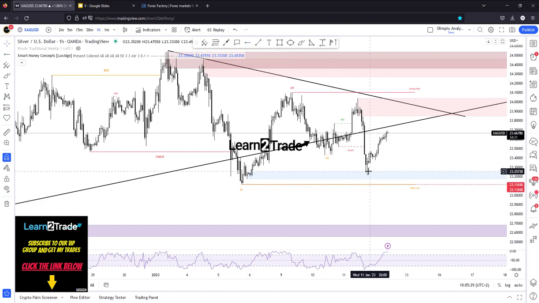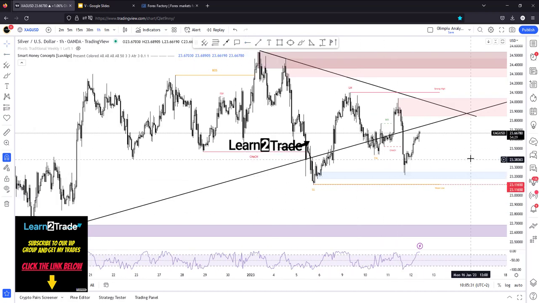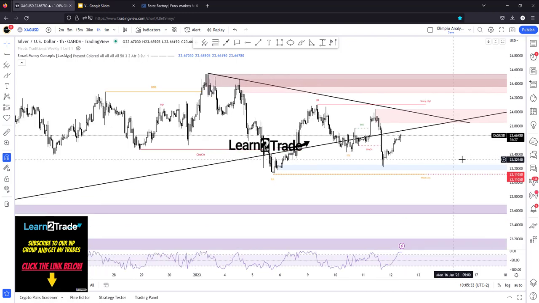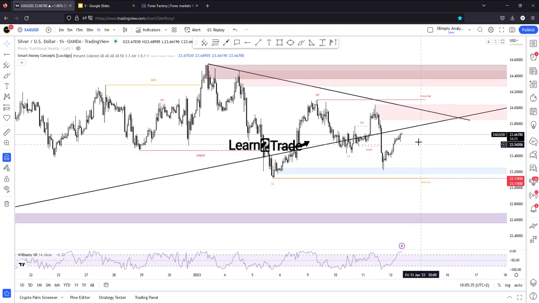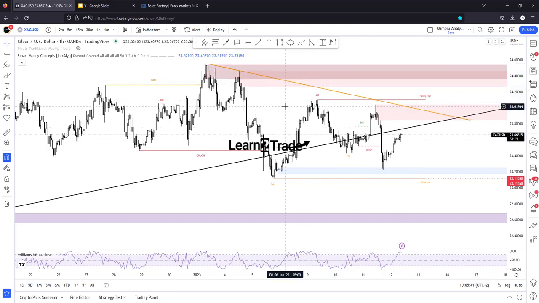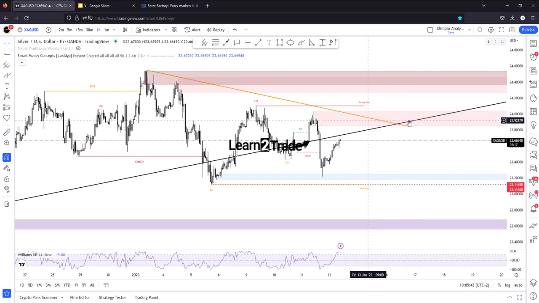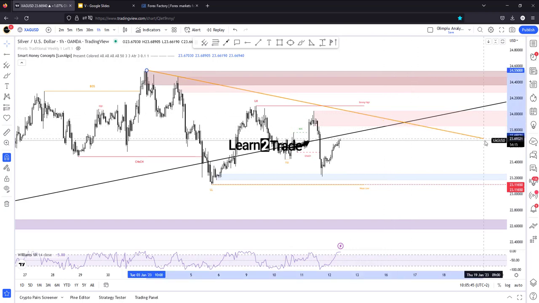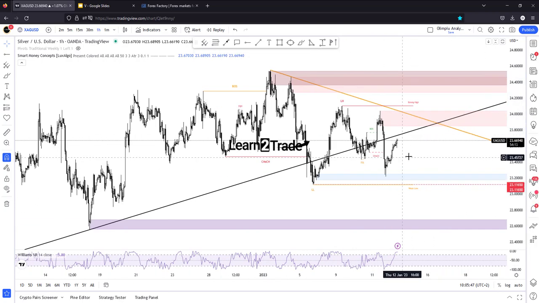It has failed to approach and reach the former low. It has rallied. It has turned maybe to the upside in the short term, and personally I wait for the price of silver to reach and retest the broken uptrend line. Also maybe to retest this supply zone, supply area, also the downtrend line. Okay, and if it stays below these upside obstacles here, it could turn to the downside.